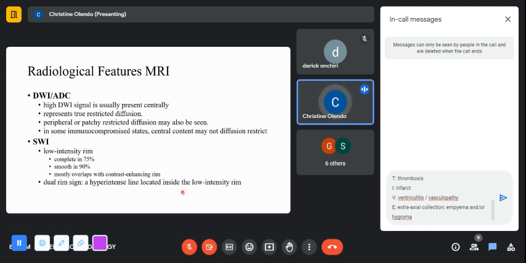Peripheral or partial restriction may also be seen. If a patient is immunocompromised, the center may not show diffusion restriction. On susceptibility weighted imaging, you have a low intensity ring, which is complete in 75% of cases and smooth in 90%. You might also have a dual ring sign.